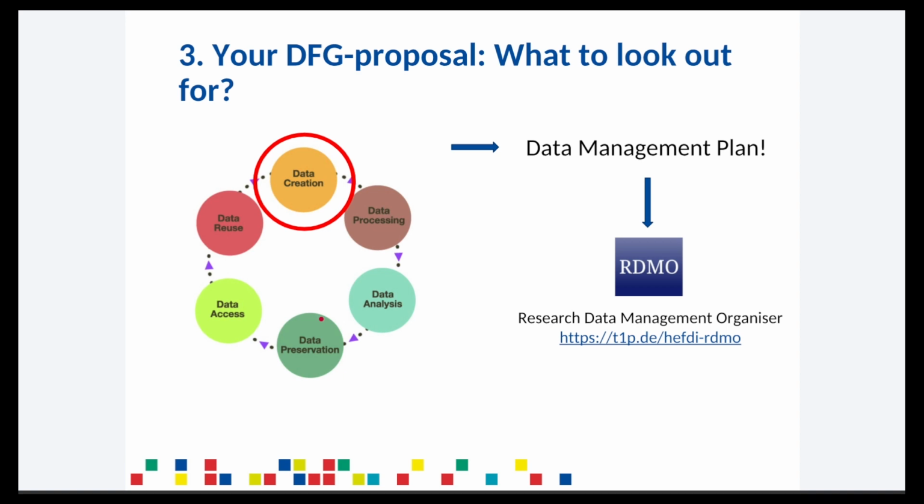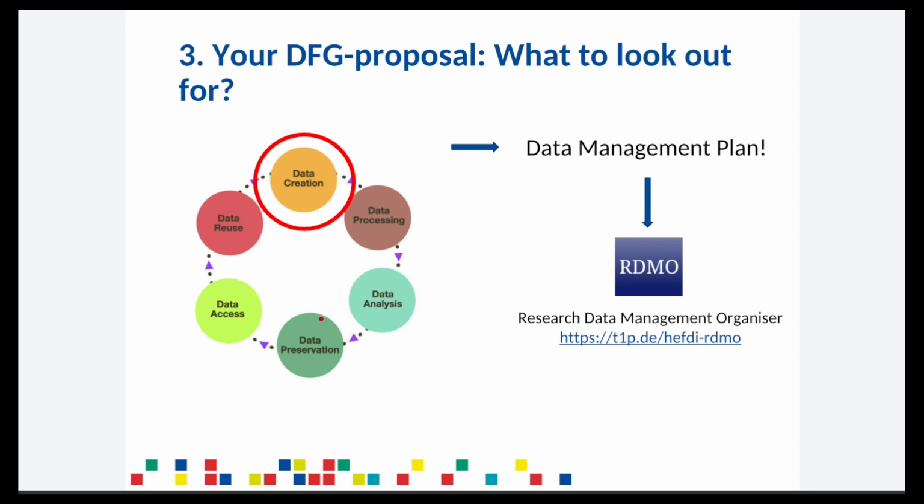And you start with data creation, and what we offer and recommend to you is to start with a data management plan. You can use our tool called Research Data Management Organizer, RDMO. The RDMO is like a questionnaire on your data, and you fill it in, and the most important effect is to make you aware of what to think about when you look at your data, which is a very strong resource for your research.